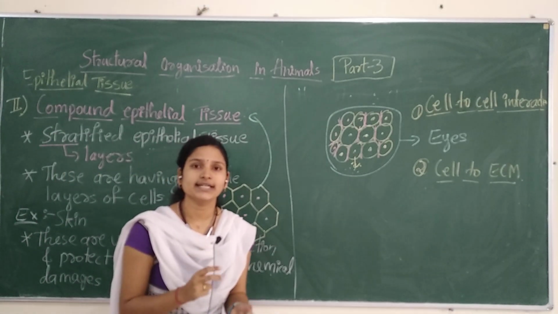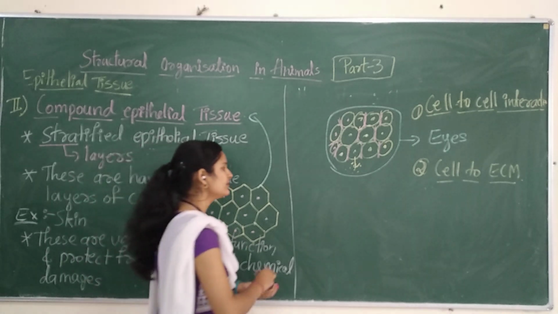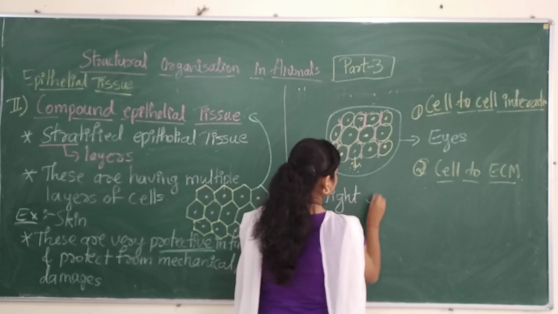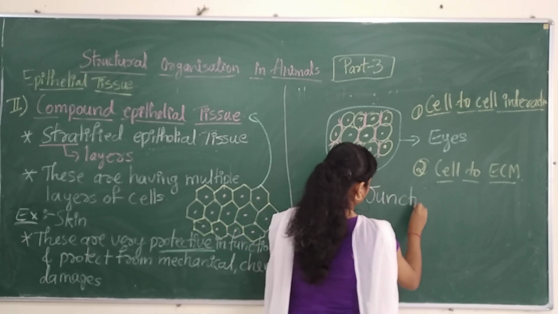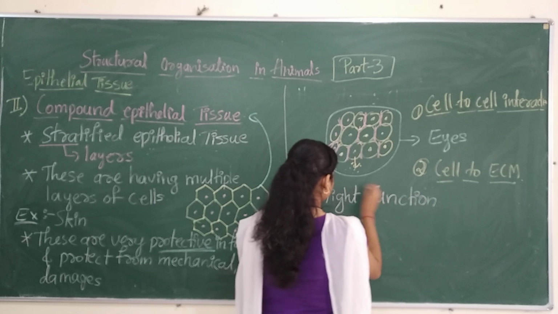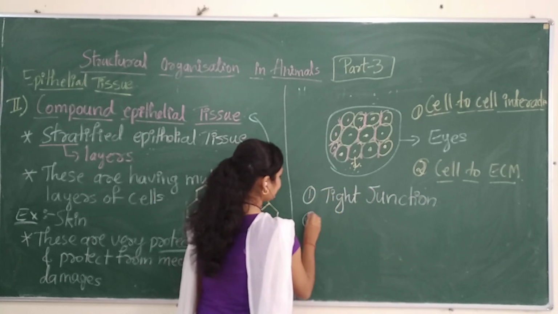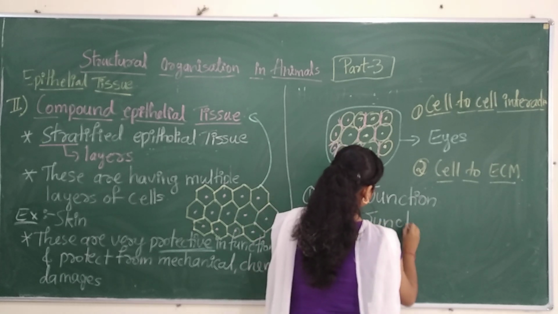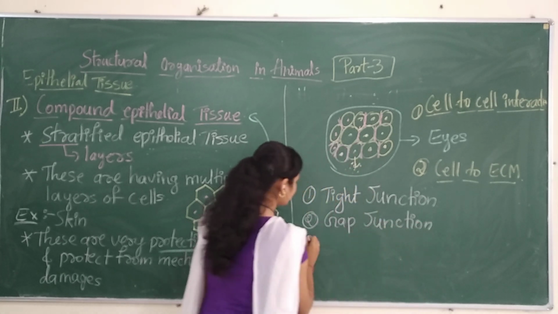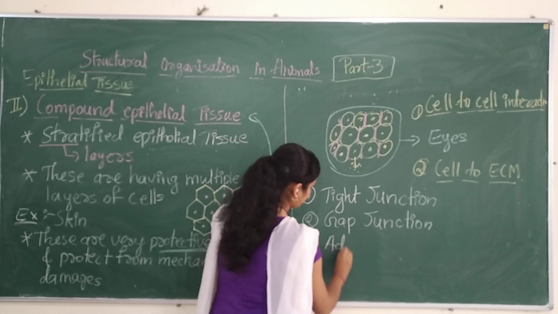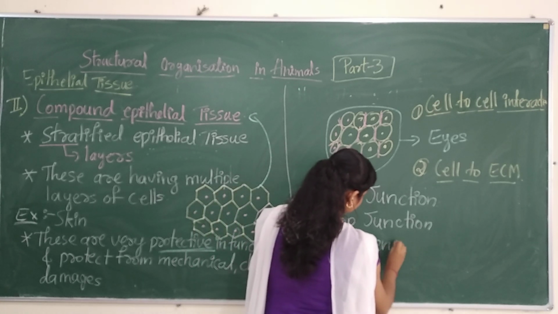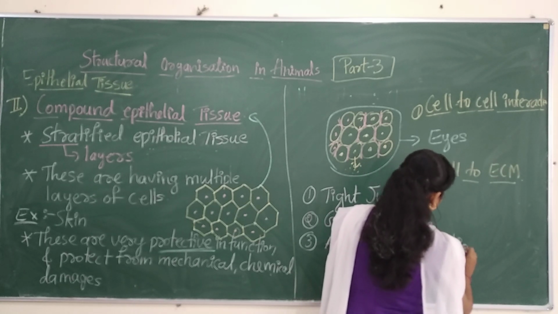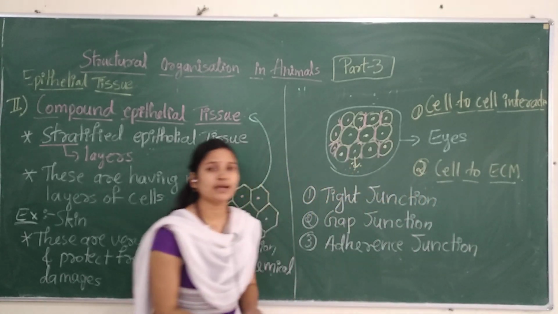an interaction of cells. The first one is tight junction, the second one is gap junction, and another one is adherens junction. So what do you mean by this?